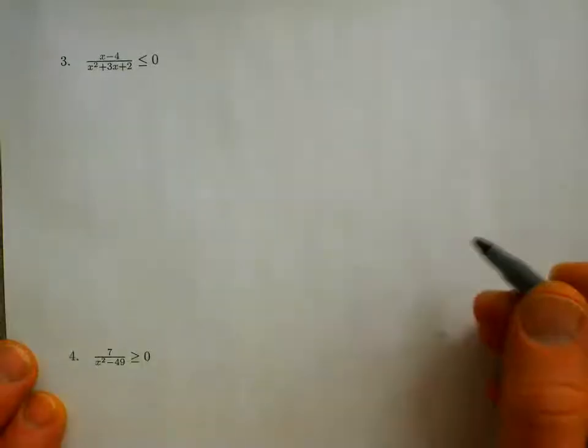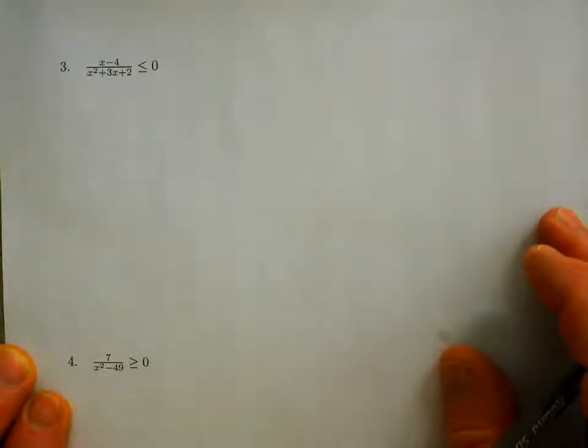So this one, we have x minus 4 divided by x squared plus 3x plus 2 is less than or equal to 0. First, find the endpoints of the intervals.